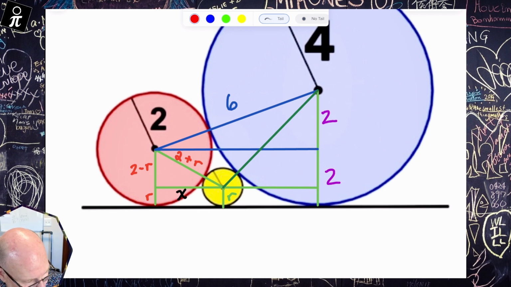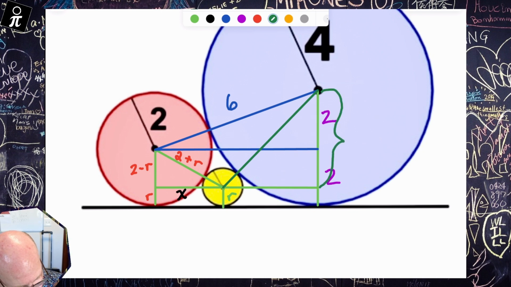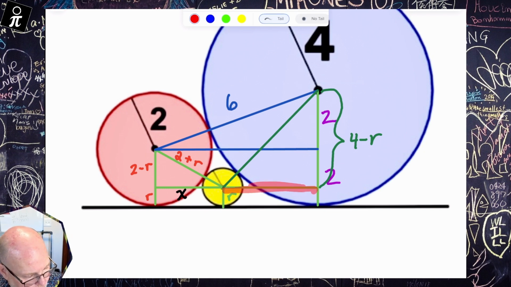So I'm going to say this leg right here is 4 minus r. We don't know what this other leg is going to be, so I'm going to call that y. And we definitely know what this hypotenuse right here is. That's going to be 4 plus the radius, so 4 plus r.